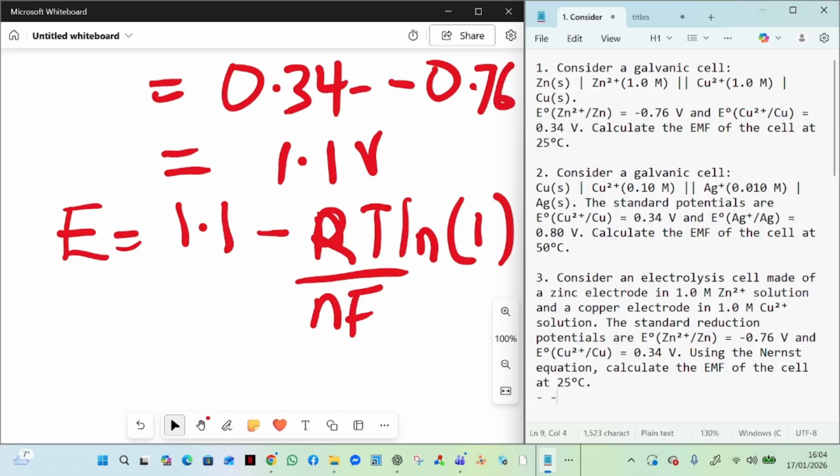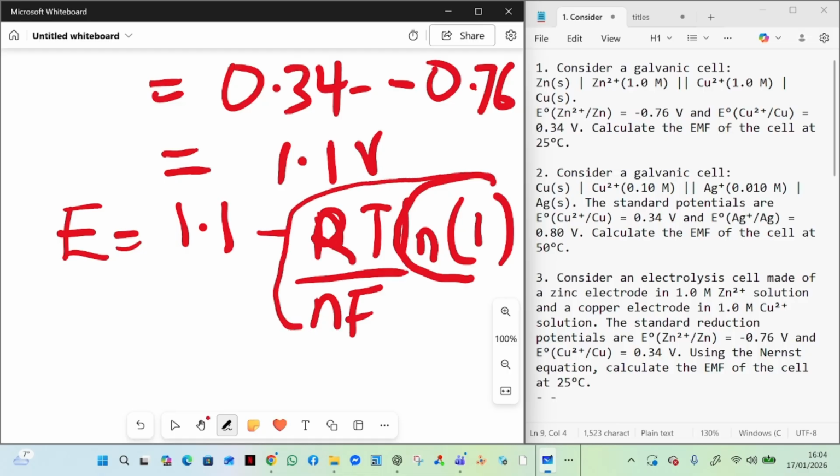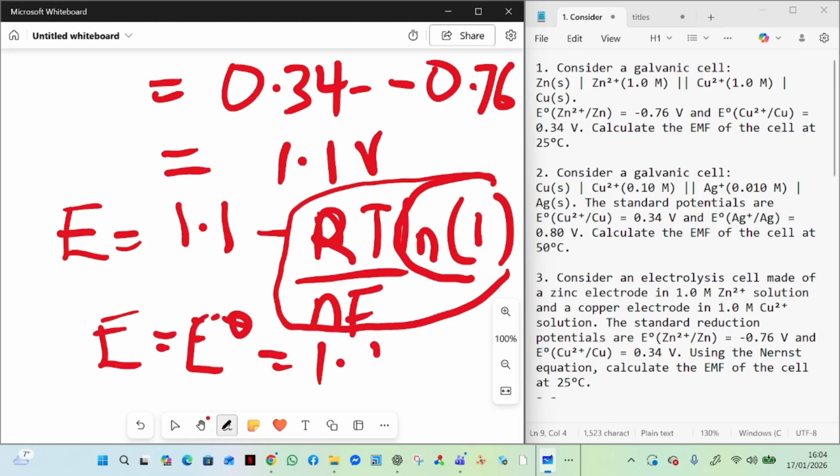Because they are both 1, ln of 1 goes to 0, and because this side is being multiplied, everything here goes to 0, and E will be equal to E naught, which is equal to 1.1 volts. So that's the end of the first question.